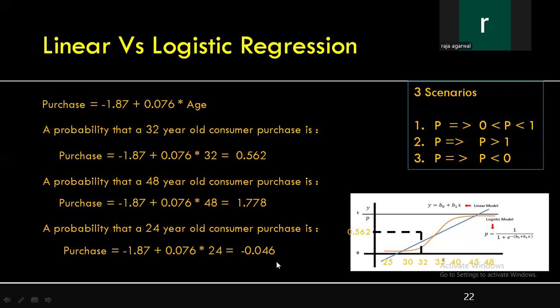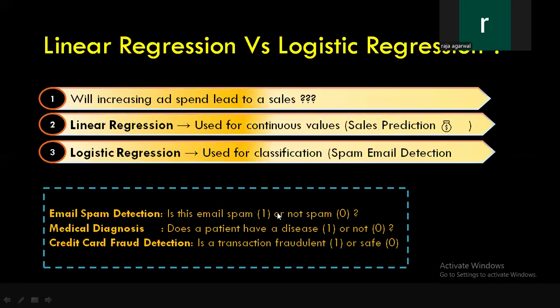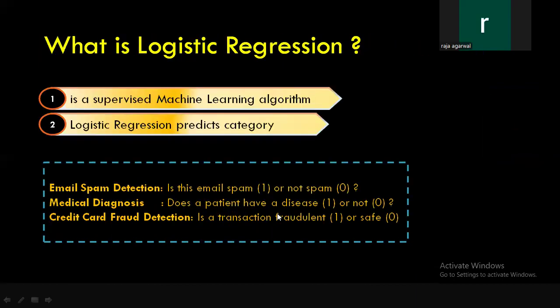So here, exp of this value divided by 1 plus exp of this value will bound any value between 0 and 1. Even if it is a negative value or above 1, it will generate a value to fall anywhere between 0 and 1, not beyond that. Anyhow, we will discuss this in detail a little later.